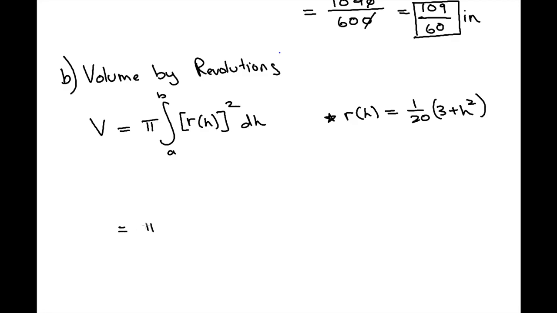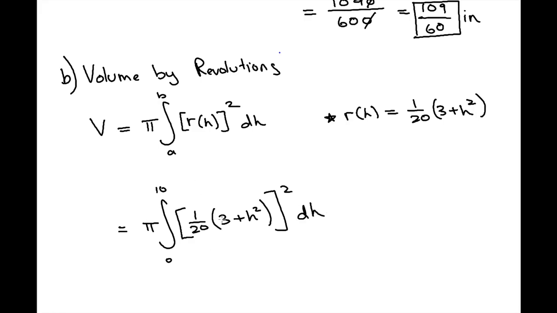So we'll have pi times the integral from 0 to 10 of this entire quantity squared. So we'll have 1 over 20 times 3 plus h squared, this entire thing squared dh, and we just need to go ahead and integrate that.